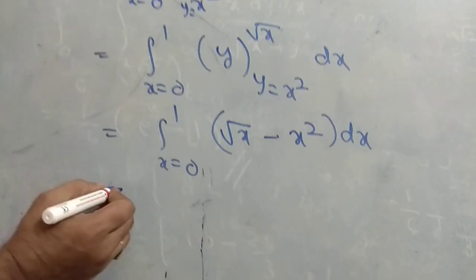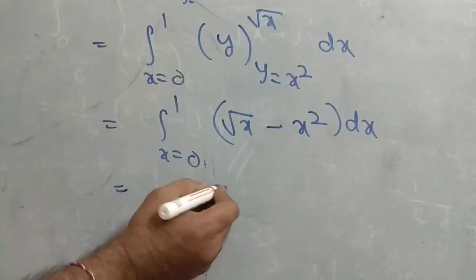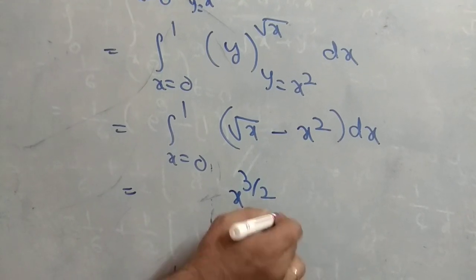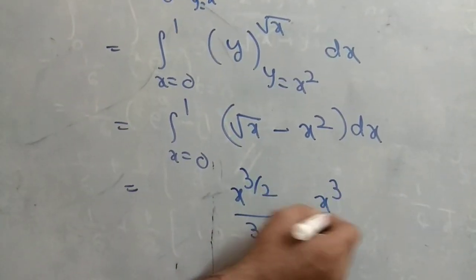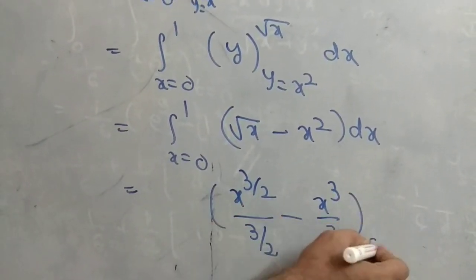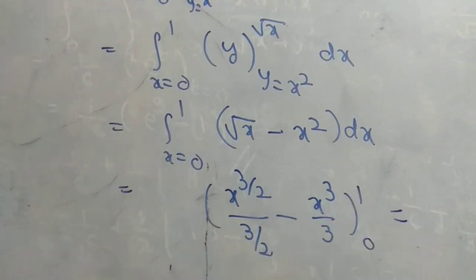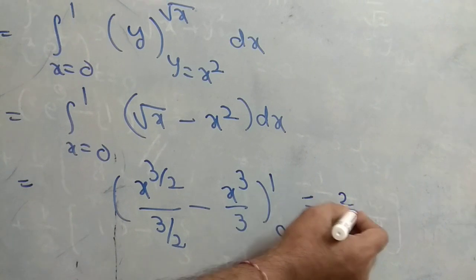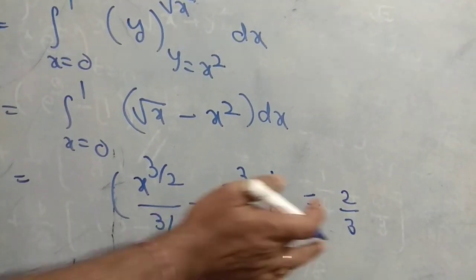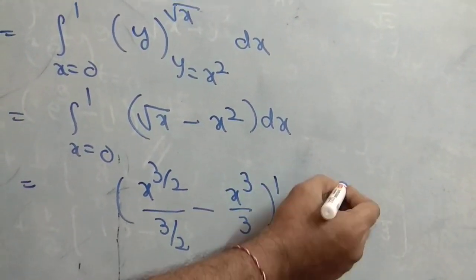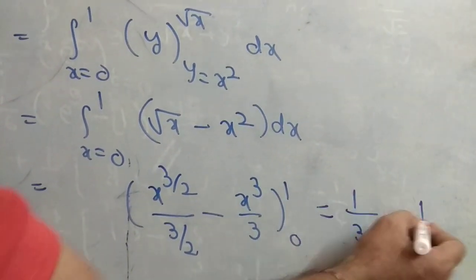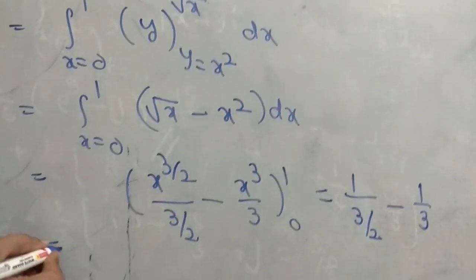So how to calculate this? X integration, x power 1 by 2 is there. That is x to the power of 3 by 2 divided by 3 by 2 minus x cube divided by 3. So you are substituting the limits 0 to 1. Upper limit, it is 1 divided by 3 by 2, or I can write 2 by 3, minus upper limit, only it is 1 by 3.